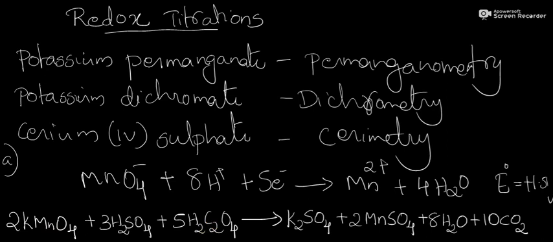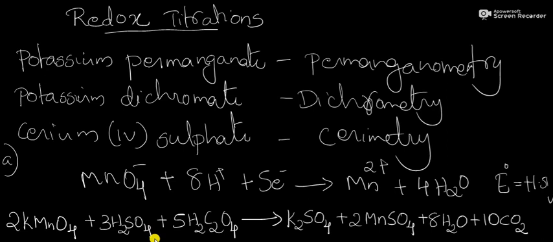Normally KMnO4 is added from the burette to the reducing agent plus dilute sulfuric acid taken in a conical flask. Here we use only dilute sulfuric acid for the acidity. We cannot use concentrated sulfuric acid and nitric acid for acidifying the solution.